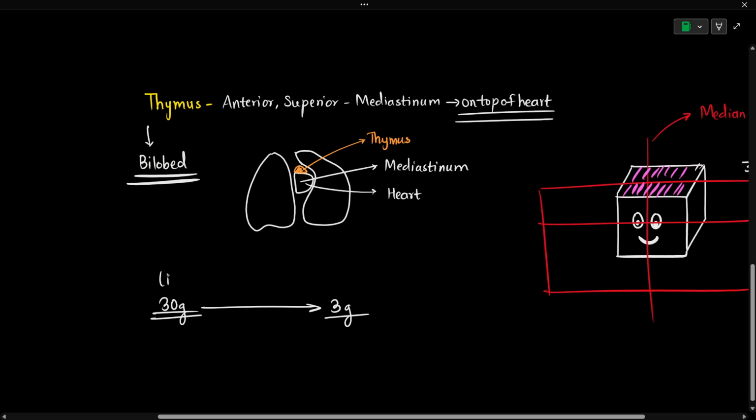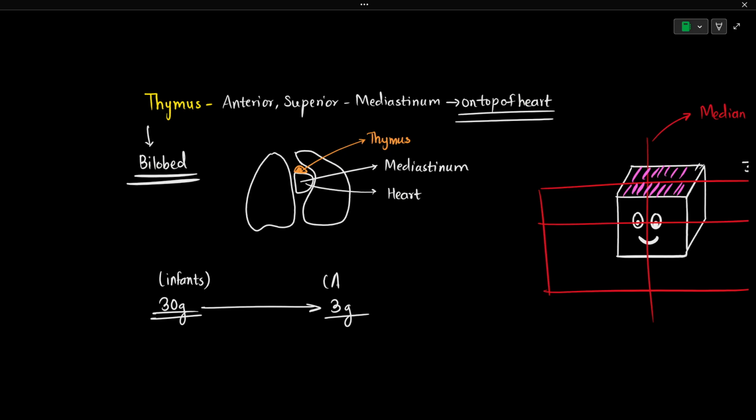So in infants this tissue weighs 30 grams, whereas in adults it weighs 3 grams. Over time, as the individual ages, there is a reduction in thymus mass. The thymus decreases in size and weight, and that phenomenon is known as atrophy of the thymus, or involution. Okay, so this is atrophy.